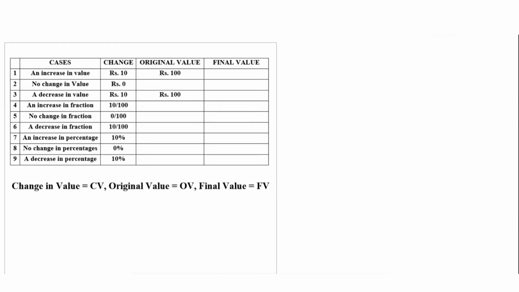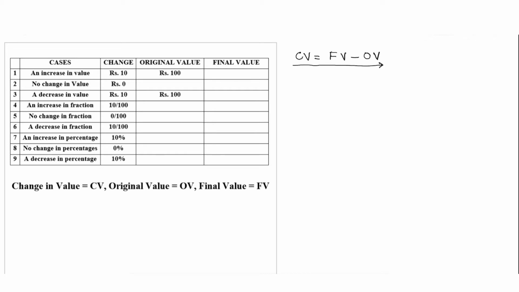Now, can I say that the change in value, which is CV, is equal to the final value minus the original value? What I intend to say here is, any change would be observed only over something that would have happened first.